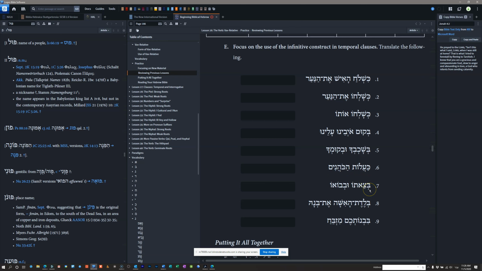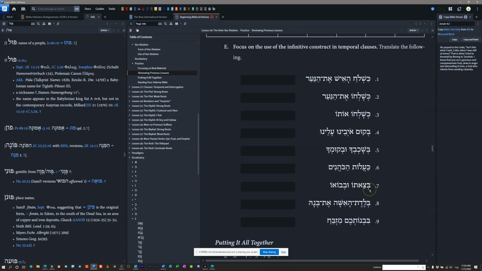And then number 9 here, we've got when benot. So benot here is the infinitive form of banah, so building. The reason why we've got a hirik here is this was the bet preposition with the shevah. Whenever you have 2 shevahs in a row, the first one is going to become a hirik at the beginning. So when you build an altar.